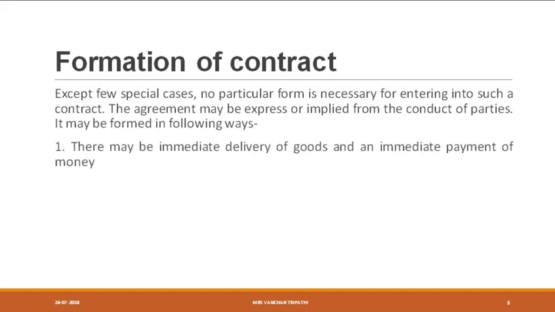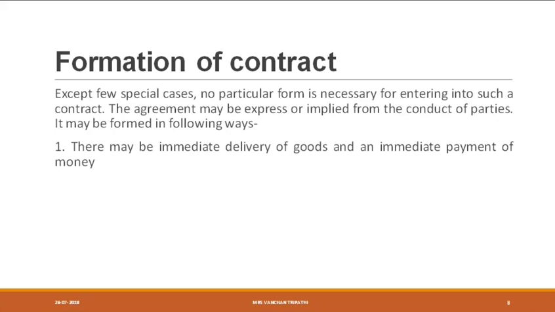First way, there may be immediate delivery of goods and immediate payment of money. I have earlier told you that the contract of sale of goods depends upon two parties, buyer and seller. The seller is delivering his goods to the buyer, and the buyer in return is giving money to the seller. That is the consideration.